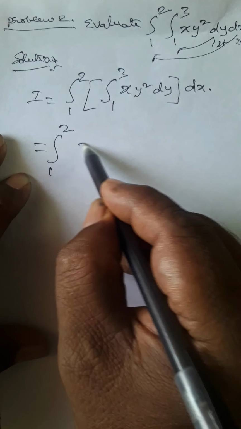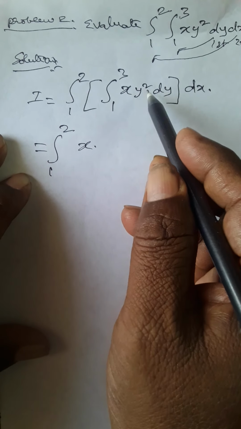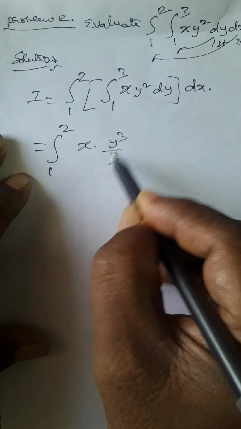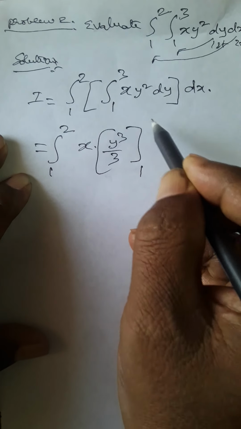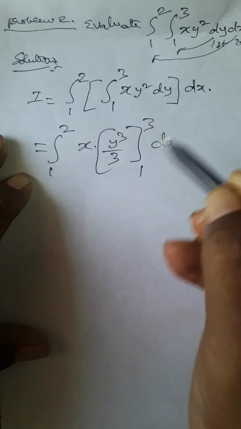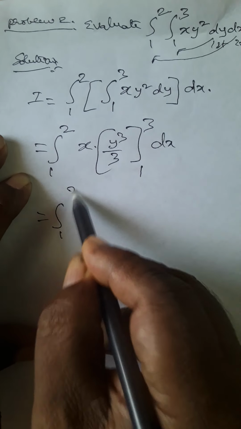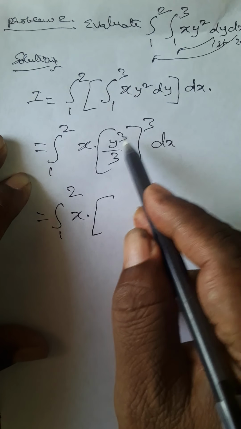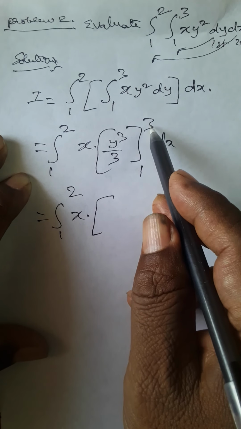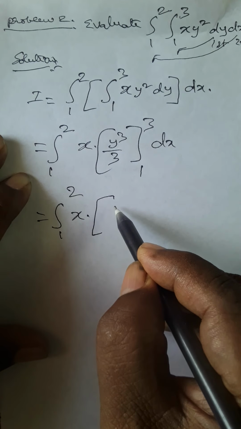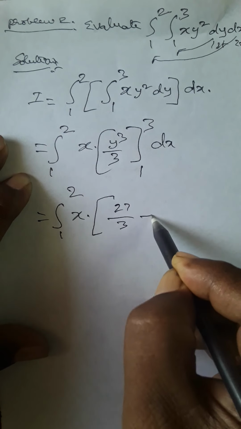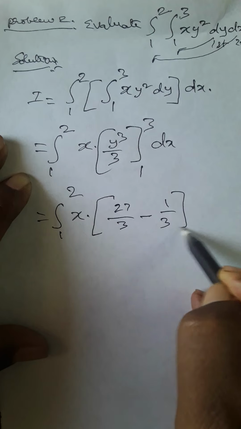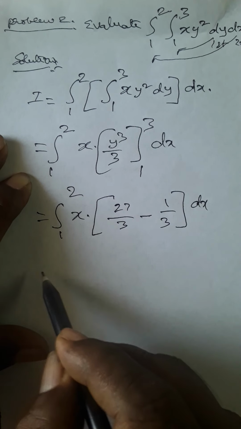Integral 1 to 2, x constant, y square integration with respect to y is y cube by 3, 1 to 3, dx. Integral 1 to 2, x into y cube: instead of y you write 3, the upper limit, 3 cube, 27 by 3, minus instead of y you write 1, 1 by 3, dx.